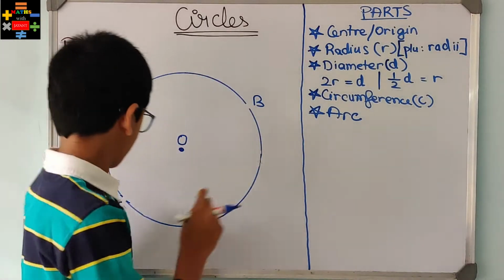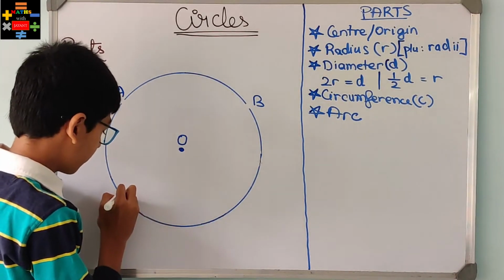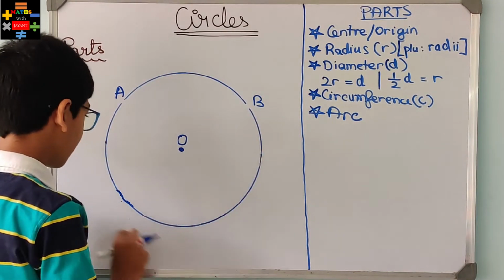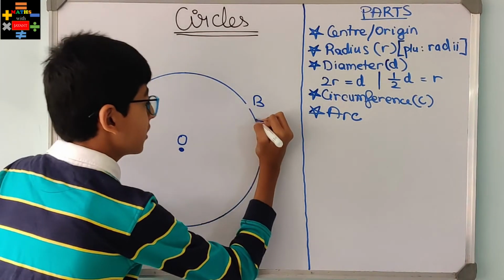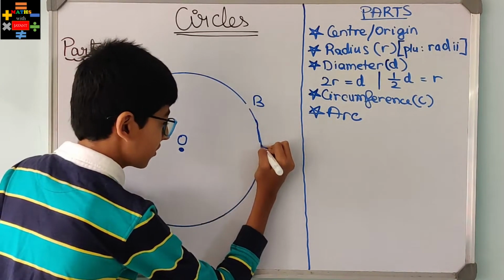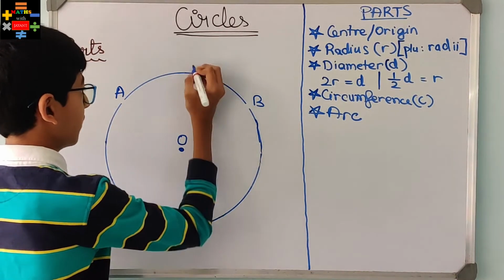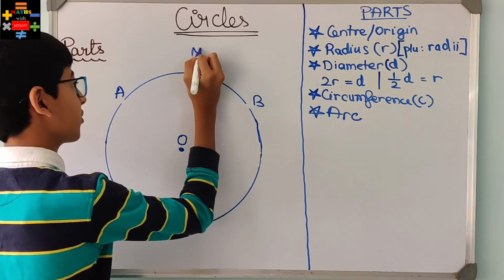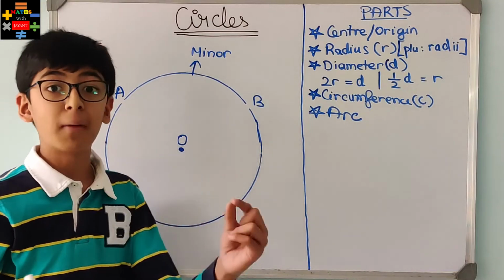Now let us just forget about this C for some time. So now you see that this is a smaller arc, this is a bigger arc, right? So how can I name these arcs? Suppose I want to refer to the smaller arc. Whenever I need to refer to the smaller arc, I will use the term minor, M-I-N-O-R.